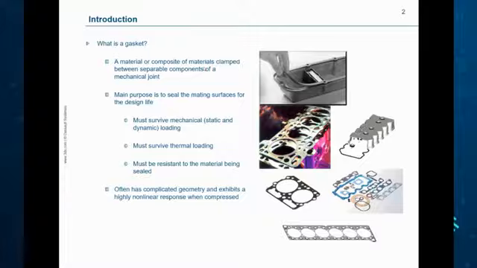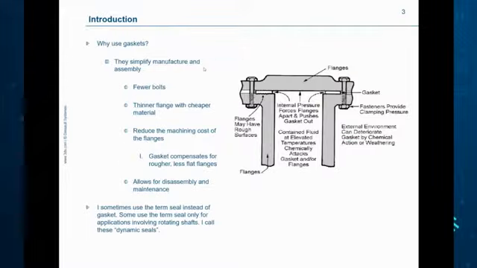Gaskets need to survive the mechanical loading and the thermal loading. They need to be resistant to whatever materials they may come into contact with, and they need to provide that seal between the two flanges.